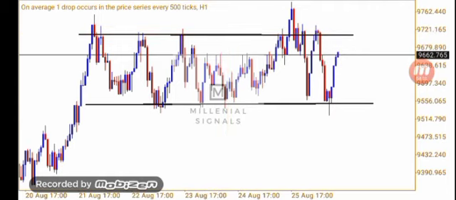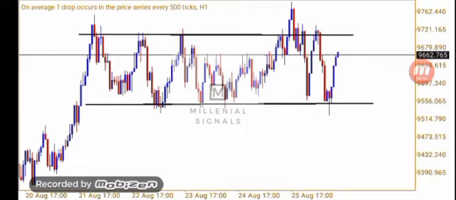So now, how do we identify when those levels will hold? What should we be looking out for to trade from those levels? Because if you're familiar with support and resistance, you know that sometimes price respects those levels, right?